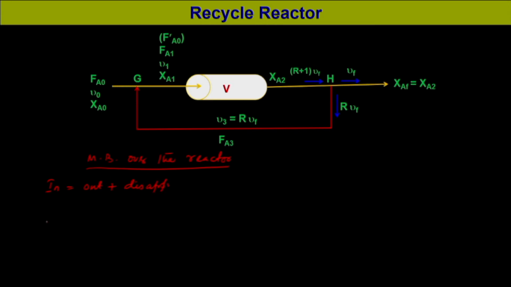In would be Fa naught dash, and out would be Fa naught dash plus dFa, plus the disappearance, which is minus Ra into dV.